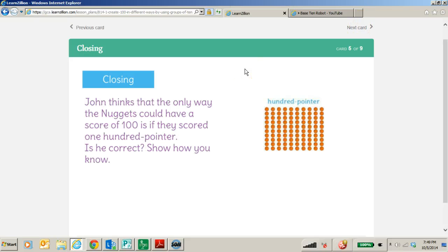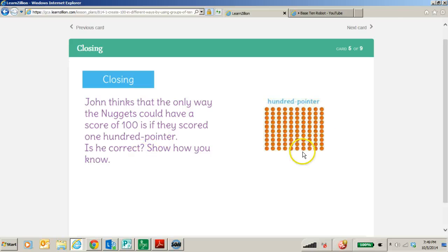So, what I would like you to think about, and you can talk to your learning coach about this, it says John thinks that the only way the Nuggets could have a score of 100 is if they scored a 100 pointer. Is he correct? Show how you know.